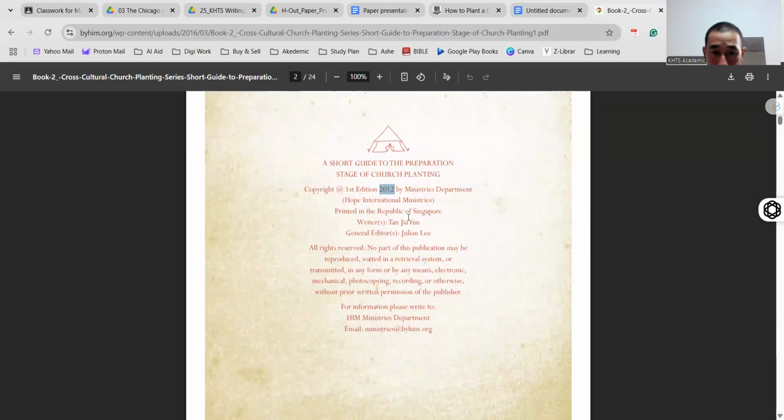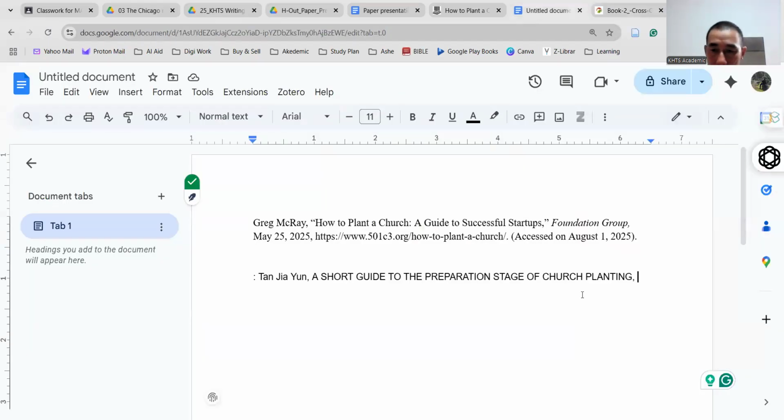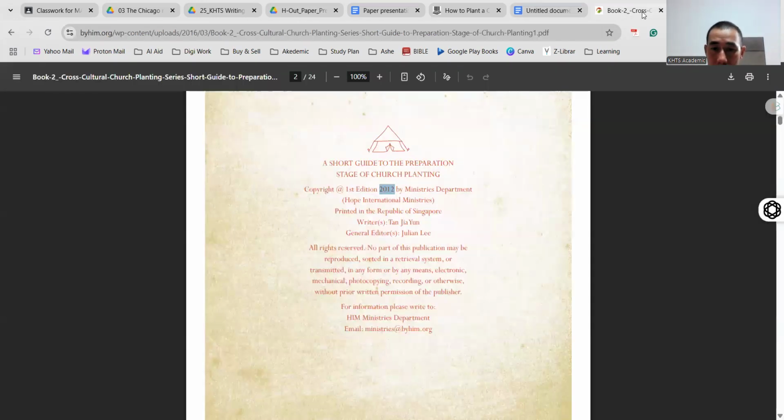So Singapore, I think we can use it in a certain way because it's a small country with just one kind of. So Singapore, I think that's fine. But usually we don't use the country. Singapore, and what is that thing?